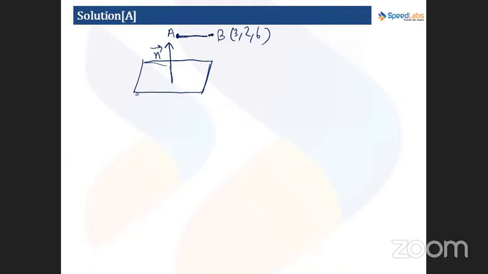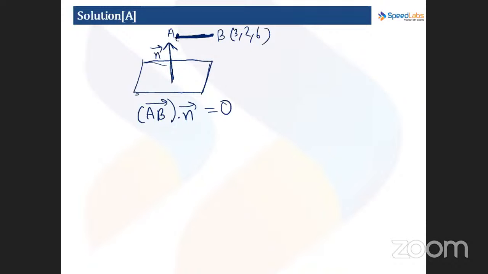Now it is given that this AB vector is parallel to this plane. So if AB is parallel to this plane, then obviously AB is perpendicular to this normal vector. So if AB is perpendicular to this normal vector, then I can say that AB dot n will be equal to 0. Okay, so let's find out.